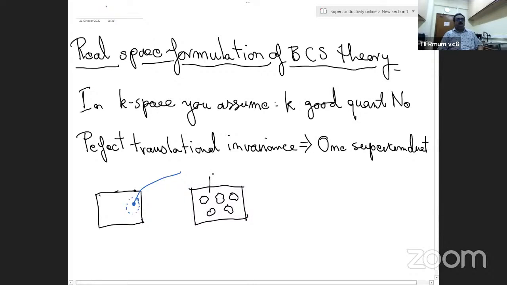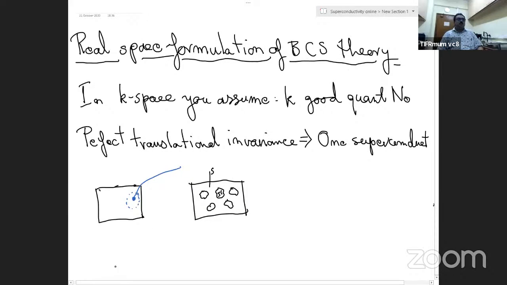So I have this superconductor here, and here another superconductor, or maybe a normal metal. Now it is no longer a homogeneous system, and for such an inhomogeneous system, translational invariance will not work. Then what I need is the equivalent of the Schrodinger equation.